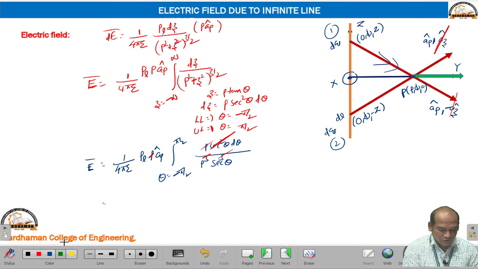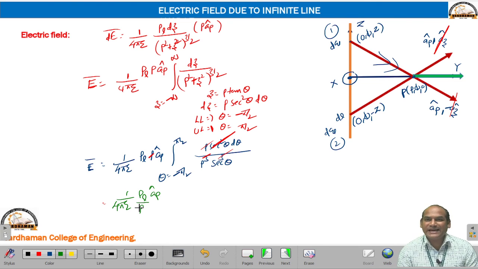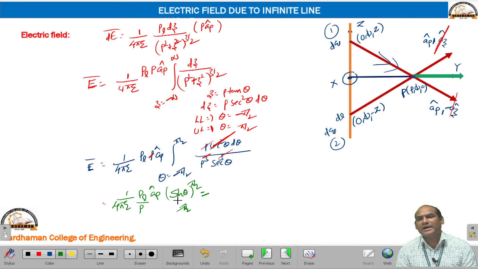So, it is equal to 1 by 4 pi epsilon rho L A rho cap, and what is the remaining thing? Rho is there in the denominator, since that is constant I am writing it outside. Now 1 by secant theta is cos theta. Cos theta integration is sin theta, and limits are minus pi by 2 to plus pi by 2. Sin pi by 2 is 1, minus sin of minus pi by 2 is minus 1, that means from this you will get 2.